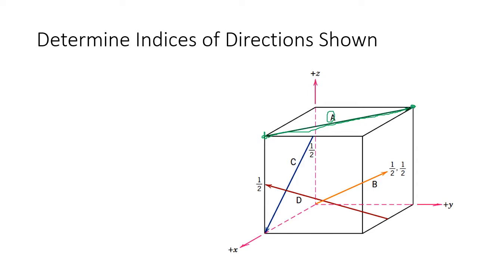Then direction B originates from the origin of the coordinate system, and it ends on this plane, such that the distance of this tip from x-axis and from y-axis is half, right?